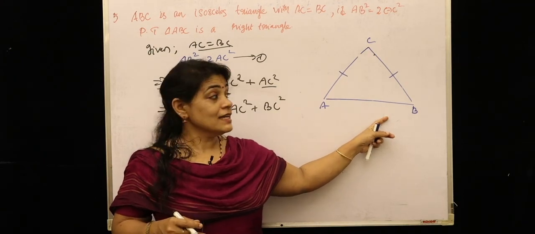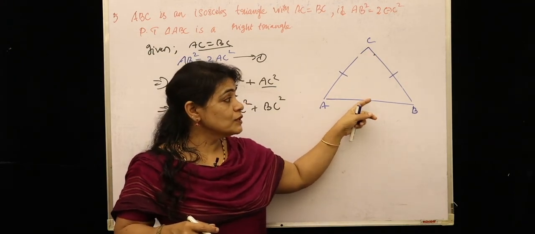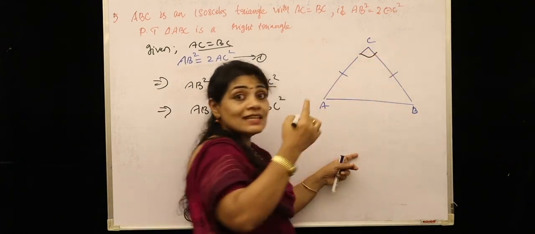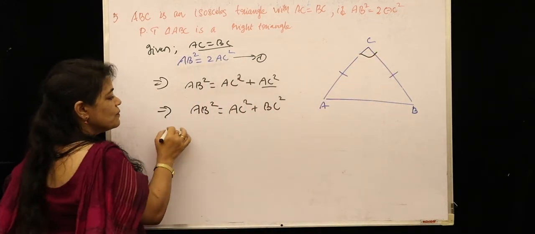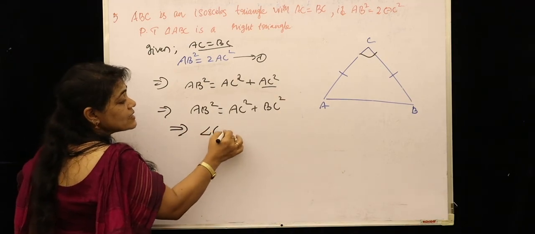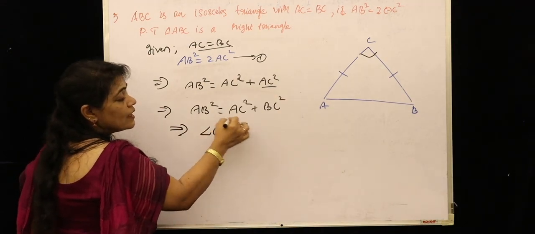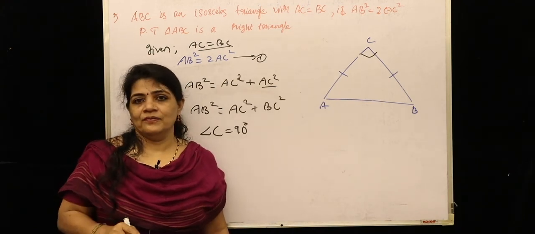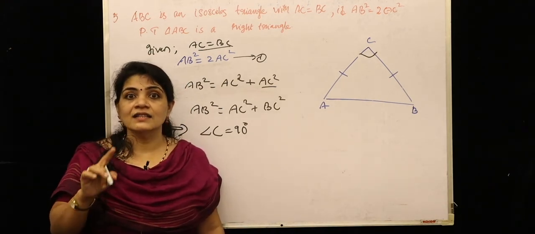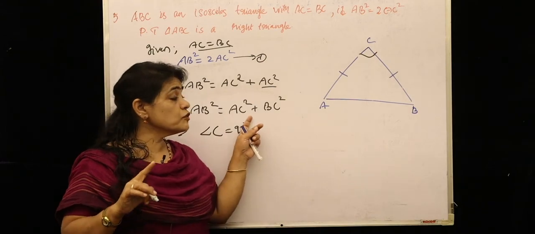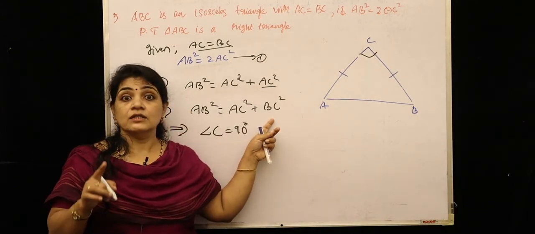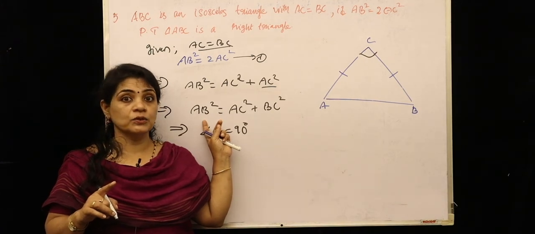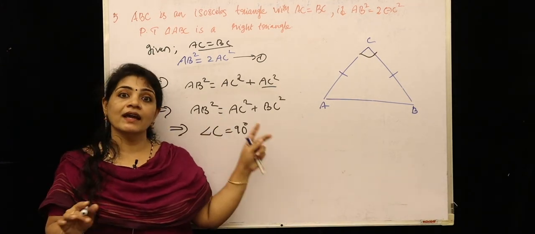That means the angle opposite to this AB square will be 90 degree. That is, angle C equal to 90 degree, because of the converse of Pythagoras theorem. If in a triangle the sum of squares of two sides is equal to the square of the third side, the angle opposite to this third side will be 90 degree.